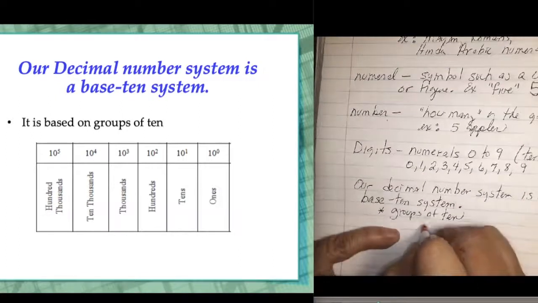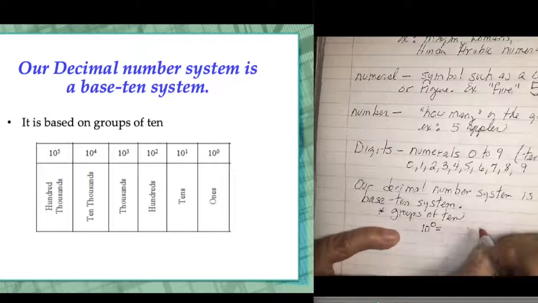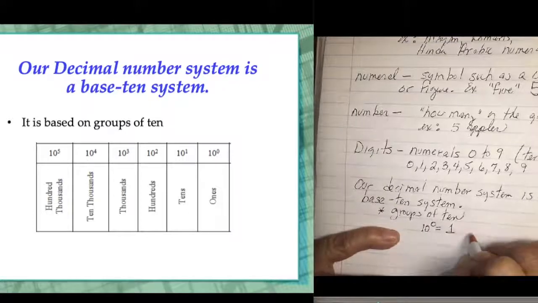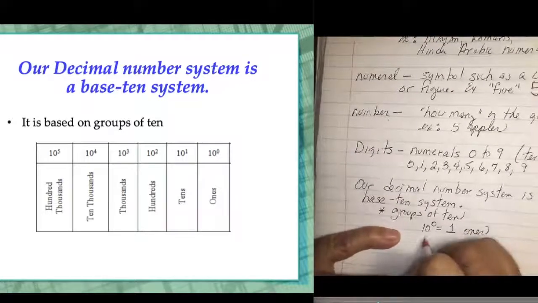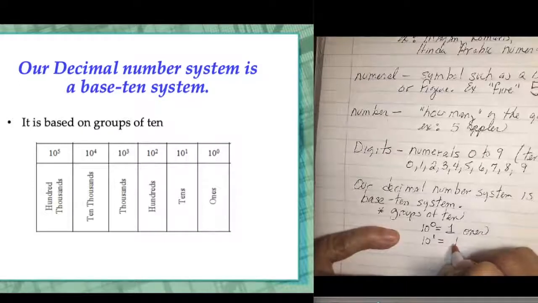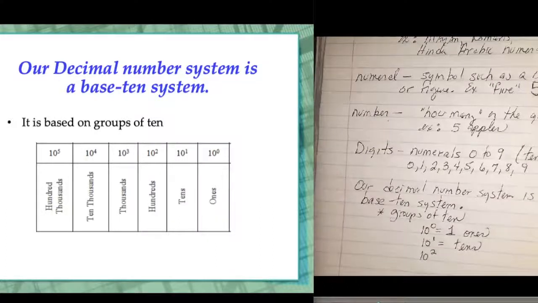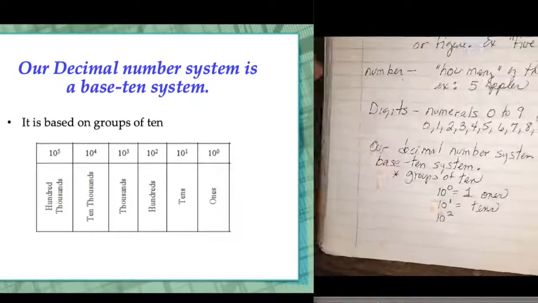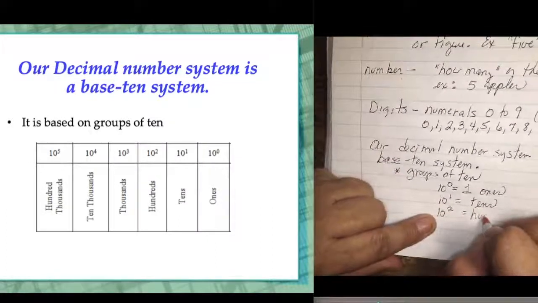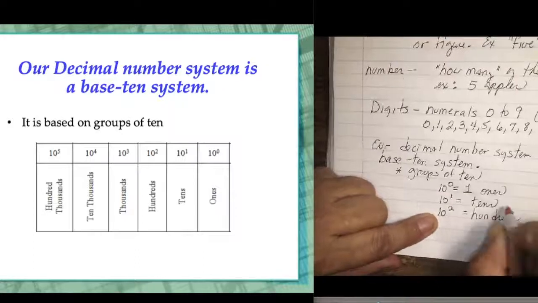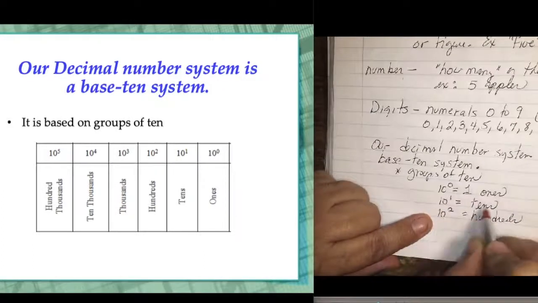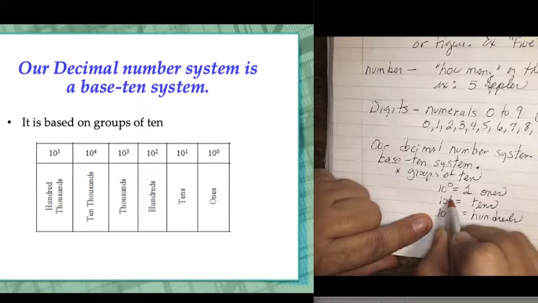It's a reminder, for example, that 10 to the 0 power is my ones, 10 to the first power is my tens, 10 to the second power is my hundreds. So you see how all of our place values have a base 10.